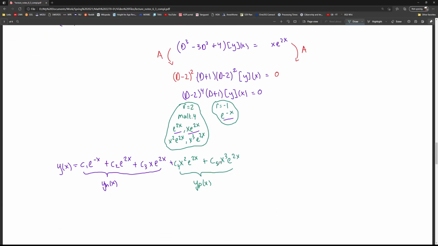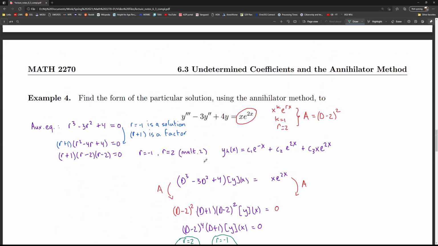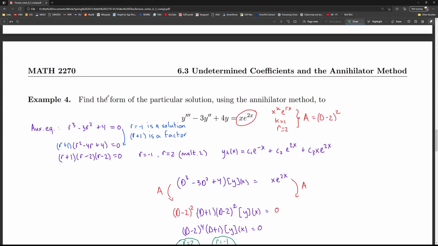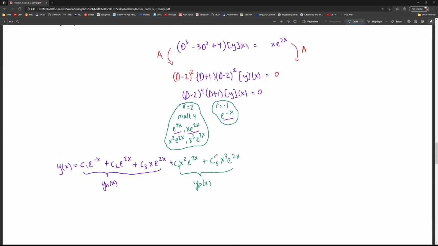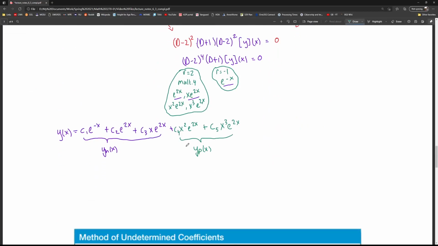If we wanted to write down the complete general solution, we would have to plug this into the differential equation to figure out what c4 and c5 are. But this question only asks for the form of the particular solution, which is given by this.